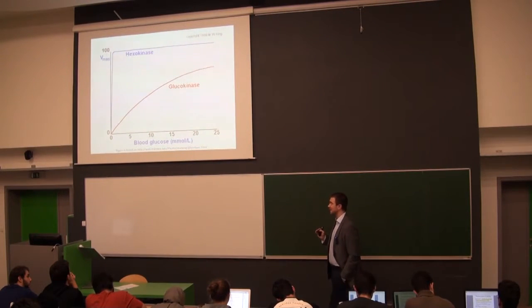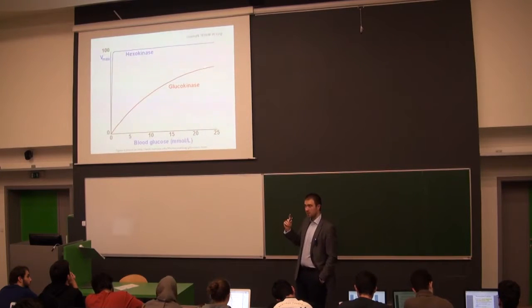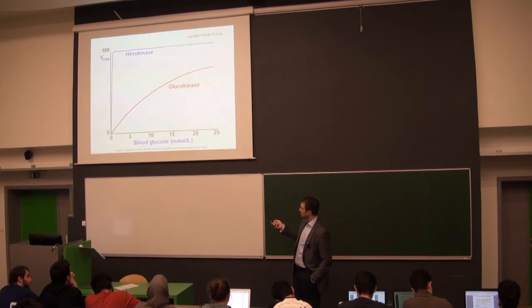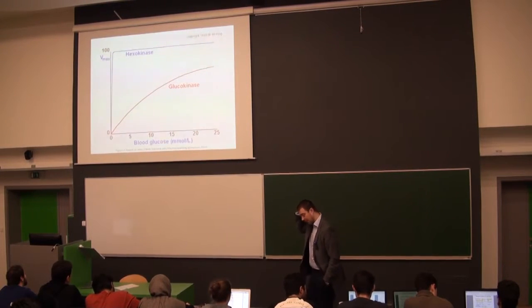And that's due to the fact that it's able to regulate its activity according to the blood glucose level. In the fasting state, very slow velocity. After a meal, very quick velocity, or much quicker.